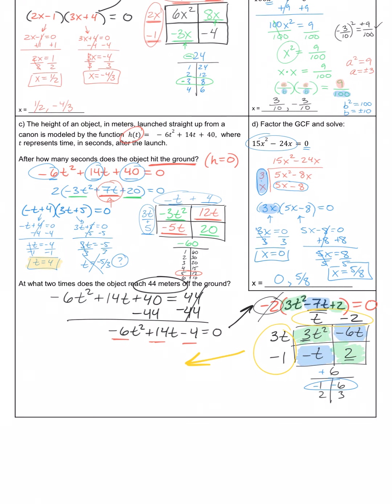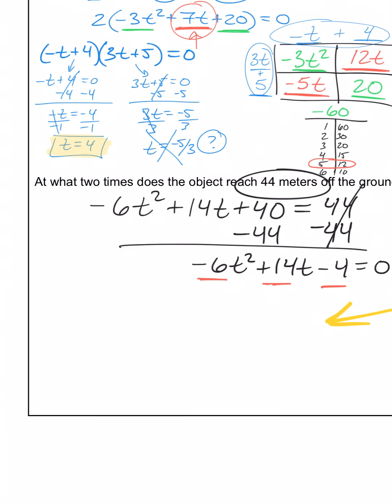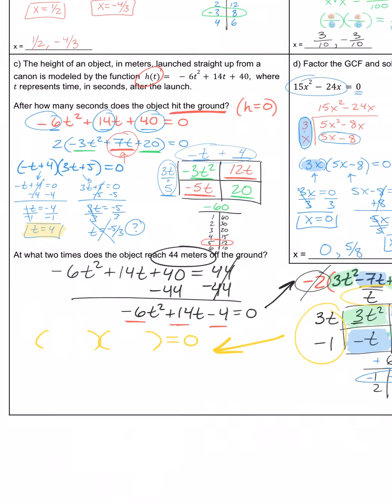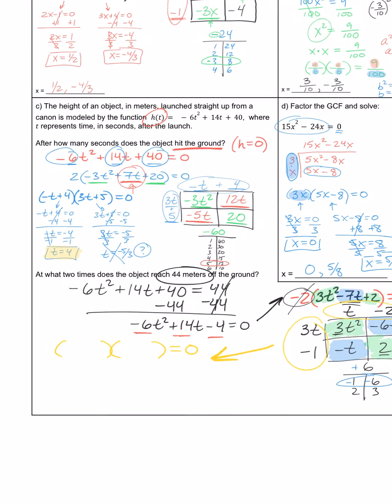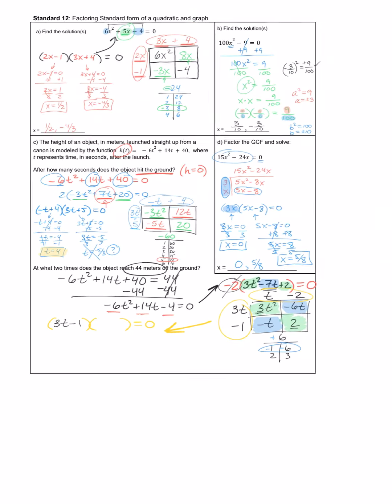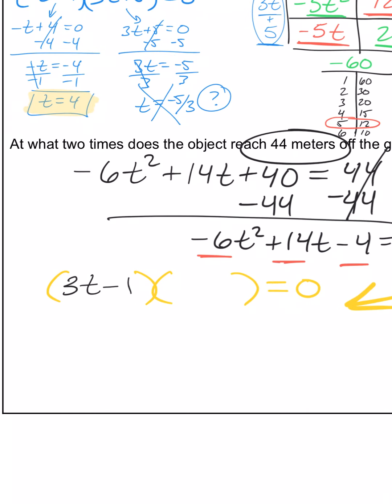I'm going to take these over here, and we're going to solve. We have 2 factors multiplied equal to 0: 3t minus 1, and t minus 2.